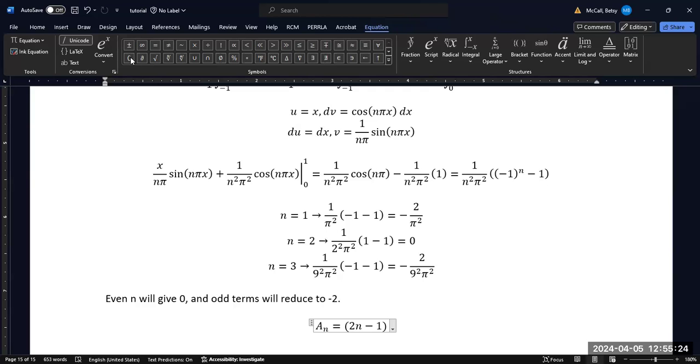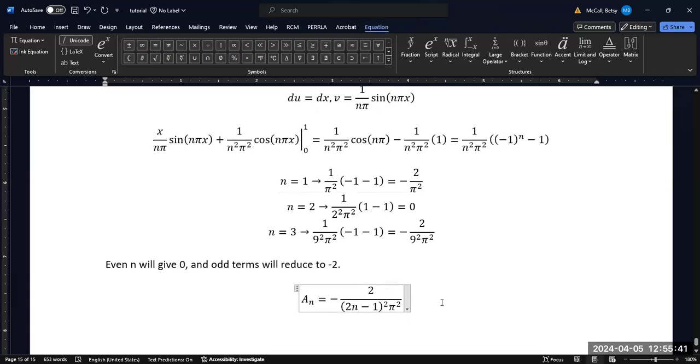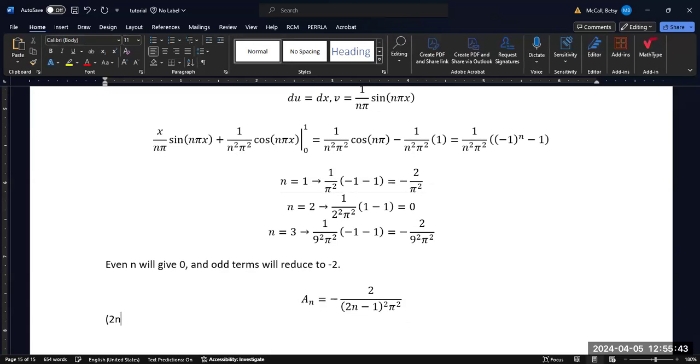But 2n minus 1 would be our odd number. We would have negative 2 up top, and then that would be odd number squared pi squared. And again, the 2n minus 1 is odd, starting with n equals 1. And then we would also have to match the cosine coefficients.